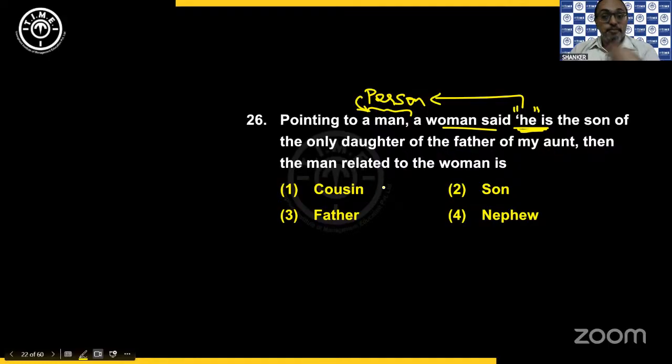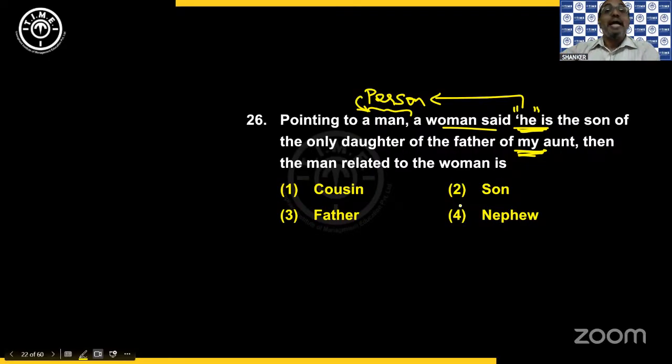Now that man is being described by this woman. How? The son of the only daughter of the father of my aunt. Now this word my is important. Whenever a physical introduction or a photographic introduction is given in relations, my or your will be given somewhere in that sentence. So you start from there, then go backwards.